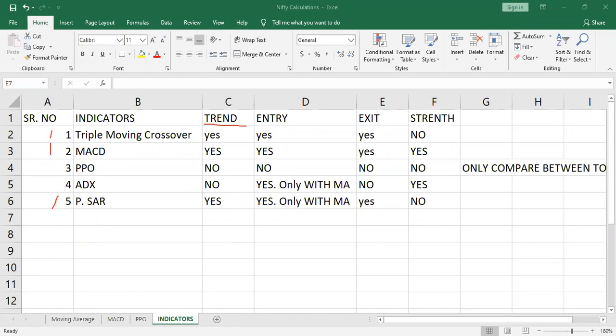Please share the Excel chart, I can't understand. Now everyone is seeing the indicator classifications; which chart are you saying?